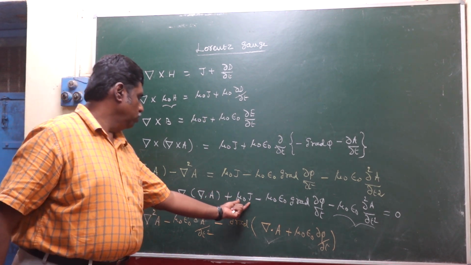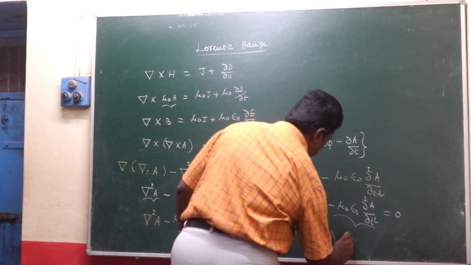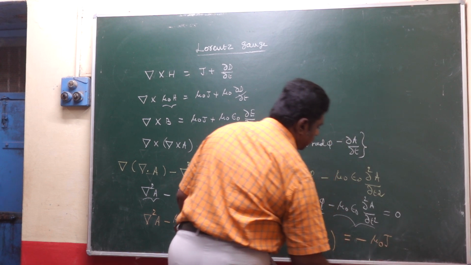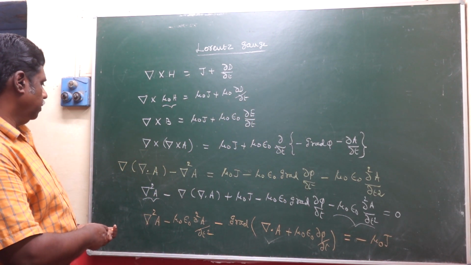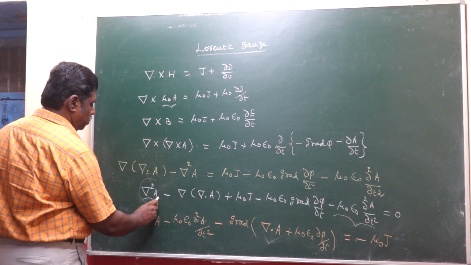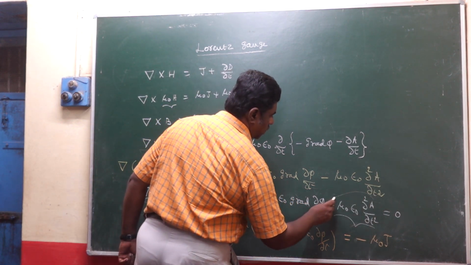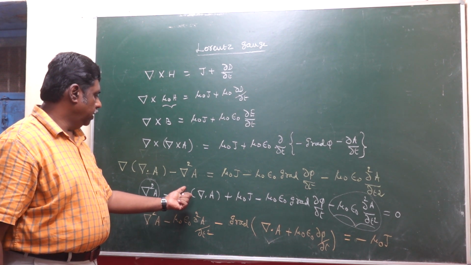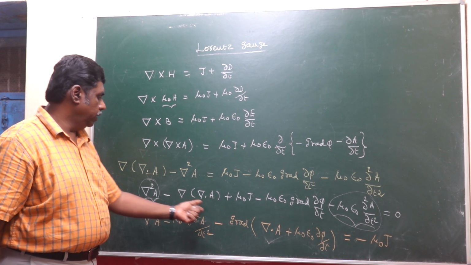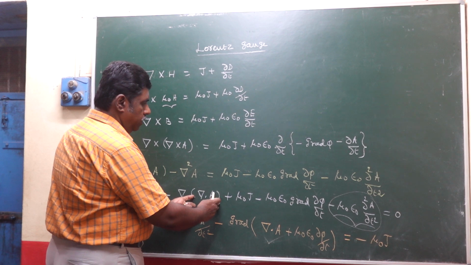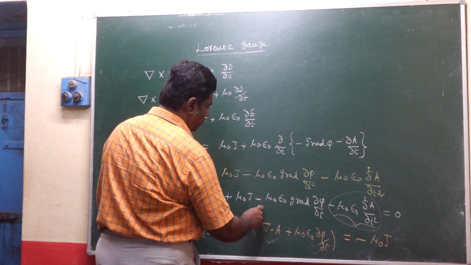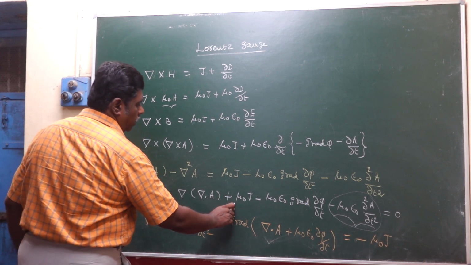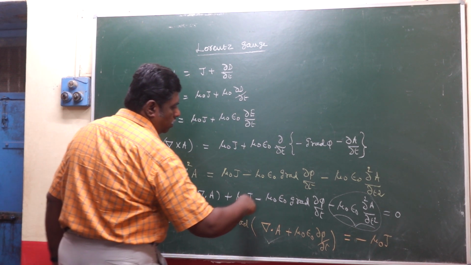The only left out term is mu naught into J. Shift the term to the right hand side, which is equal to minus mu naught into J. These two terms are combined, then take this gradient outside. Finally, we have shifted this term to the right hand side.